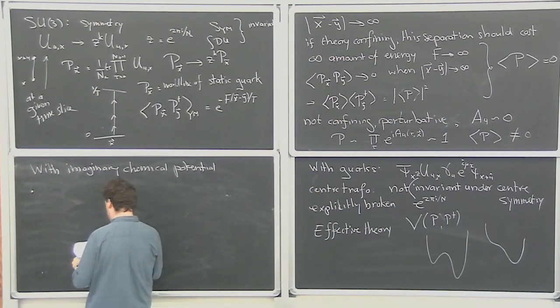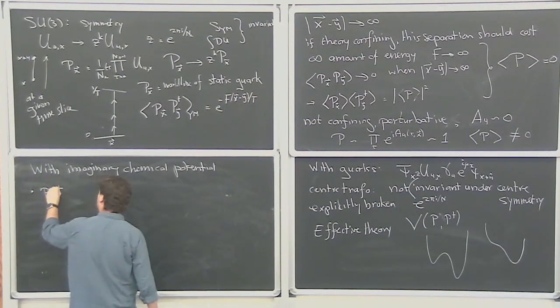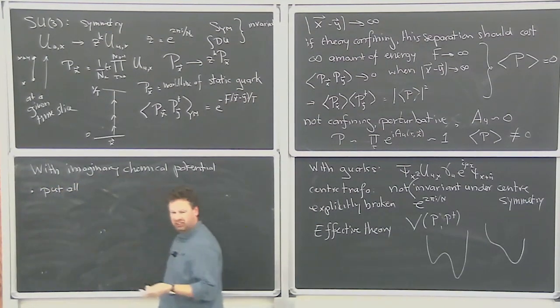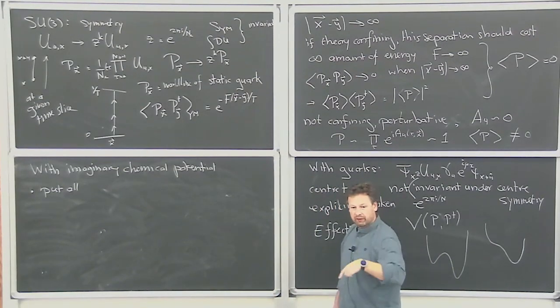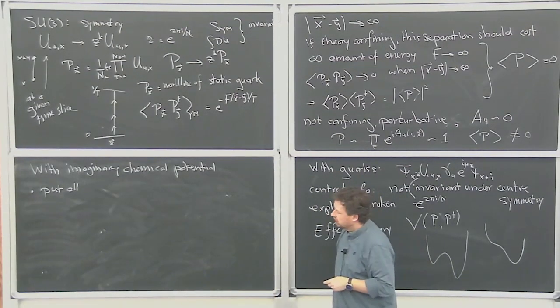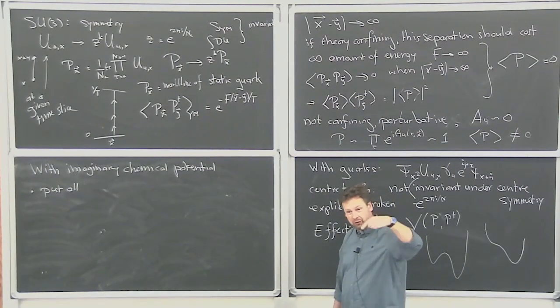One is we put all the chemical potential dependence in the final time slice, and this is possible. We did this field redefinition where we transformed the chemical potential away from all the links, except it appeared at the end when you close the imaginary time circle with the boundary condition.